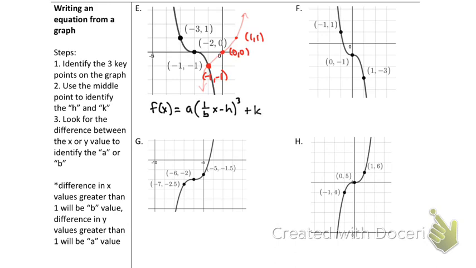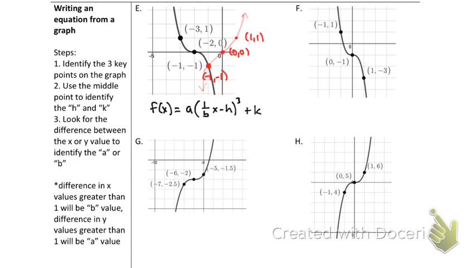So in essence, what we're trying to figure out is our a value, our b value, our h value, and our k value. Once we can figure out these values, we simply plug them in to these spots here. Okay? So how do we do that?